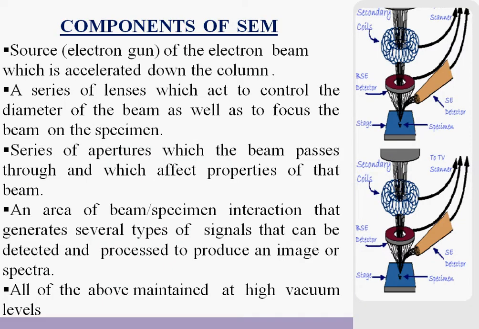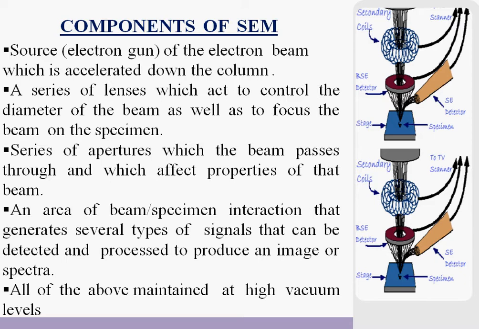The various components of SEM include the electron gun, right? The topmost portion is the electron gun, which emits the electrons, followed by a series of lenses used for controlling the diameter of the beam, because we need intense radiation.